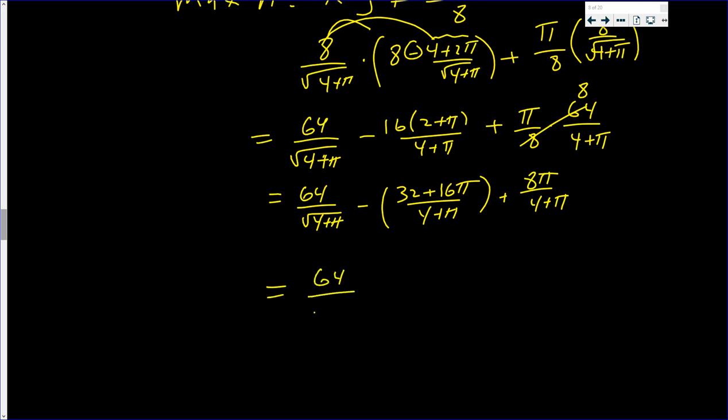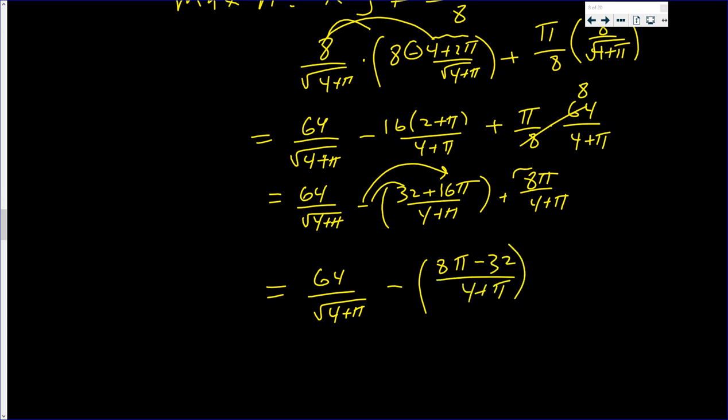64 over the square root of 4 plus pi. Now we're taking away 16 pi's, and then we're adding back 8 pi's. So we're taking away 8 pi's, and we're also taking away 32, all over 4 plus pi. If you like, you can factor out an 8 from the whole problem.